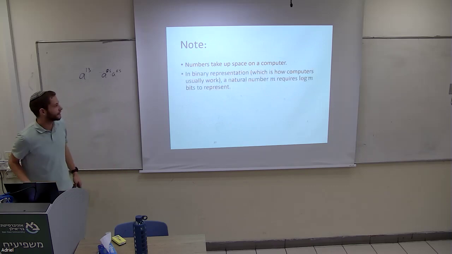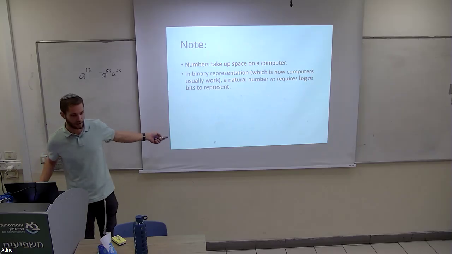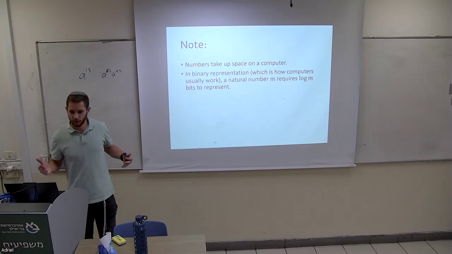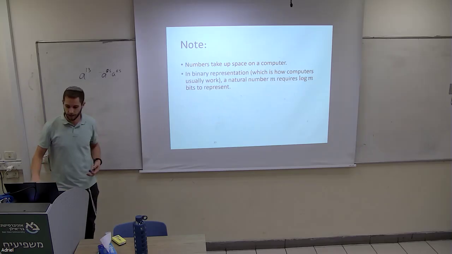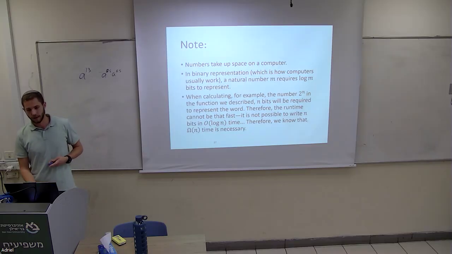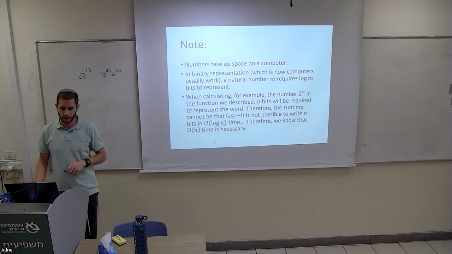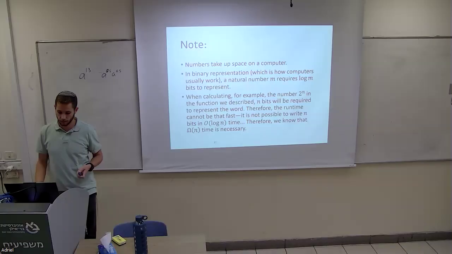Sure. Okay, so there's a little bit of an issue with that. There's the amount of operations we do, and then there's runtime. Numbers take up space on a computer. If we want to represent a number, it takes log of that number bits.